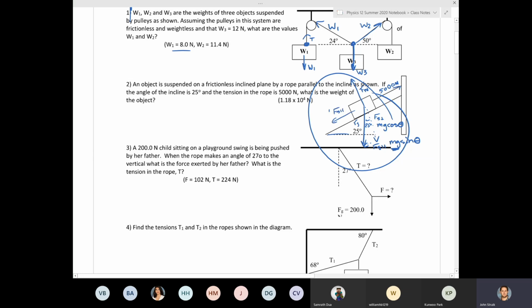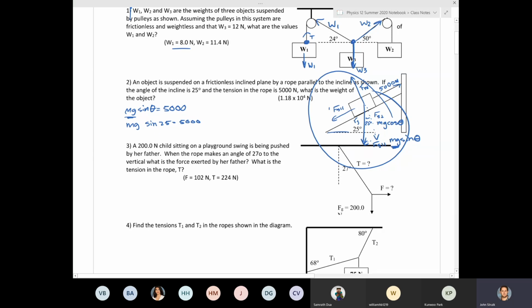And so I can just say mg sine theta equals 5,000 in this case. And so the weight is what I'm trying to find. So mg sine 25 equals 5,000. So 5,000 divided by sine 25, which is 11,831 newtons, or this in scientific notation.